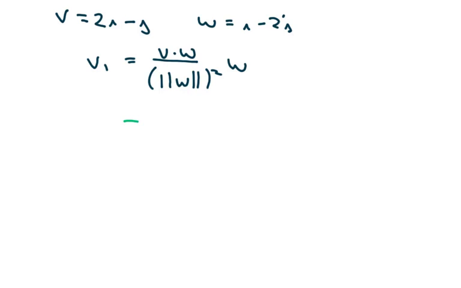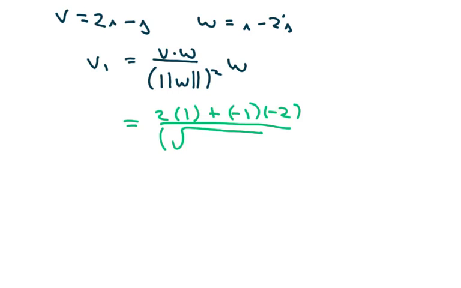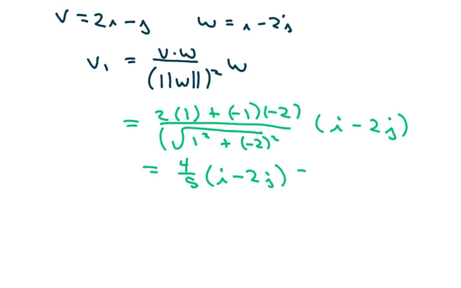When I plug everything in, I get 2 times 1 plus negative 1 times negative 2 over the square root of 1 squared plus negative 2 squared times my W, which is I minus 2J, and that's going to give me 4/5 I minus 2J, or 4/5 I minus 8/5 J.